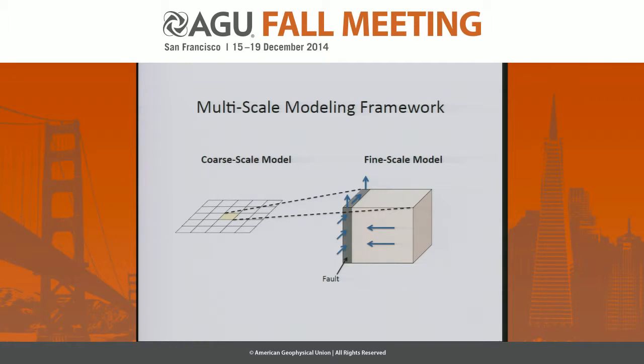Okay, now I'm going to talk about the multiscale modeling framework and how we use the fine scale model that I just talked about in this modeling framework. So again, the core scale model that I'm thinking about is a 2D vertically integrated numerical model, and this is a 2D space. And let's suppose that we have a grid block here with a fault on one side.